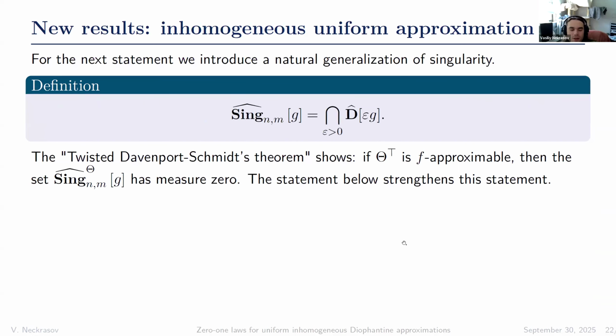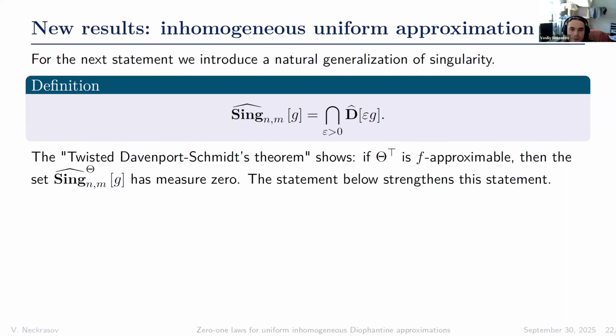One more specific thing, which I will formulate only in terms of classical approximation without weights. We did not do it for weights, and it was actually needed for something else, so there may be some difficulties with generalizing it for weights, but I don't think they're too serious. For formulating this statement, I need to define what it means to be G singular.